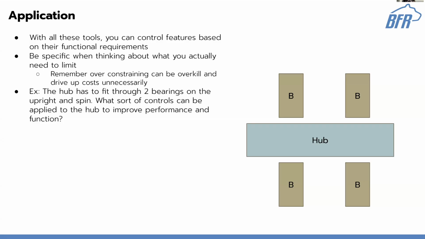You can drive up costs a lot if you're over-constrained. So for an example, the hub has to fit through two bearings on the upright and spin. What sort of controls could you apply to the hub to improve performance and functionality? Anyone have an answer based on some of the ones we've talked about?